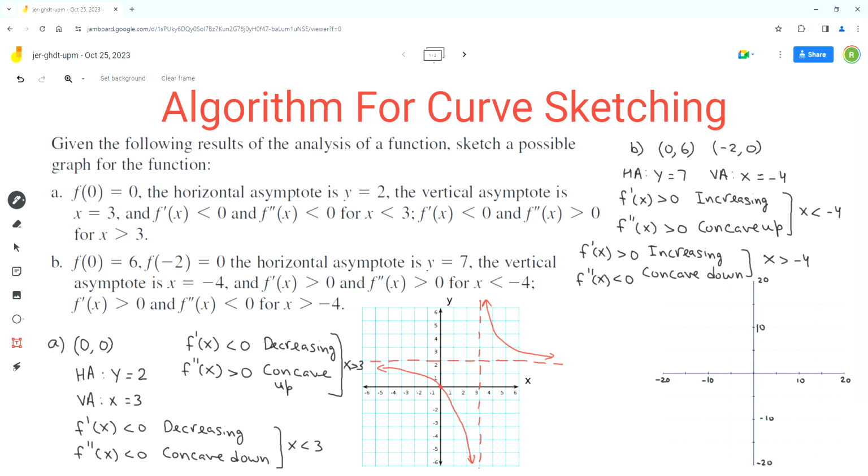Now we can use all of this information to sketch the function. So we'll start with the given points. The first point is (0, 6), so that's here. And the other point is (-2, 0), so that's here. The horizontal asymptote is at 7, so that's here.